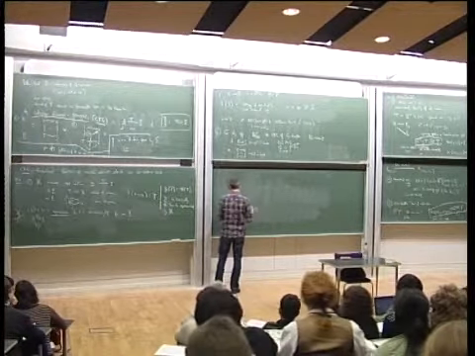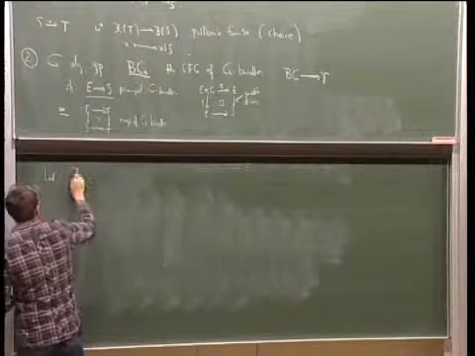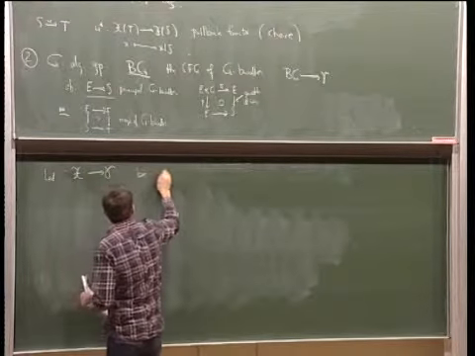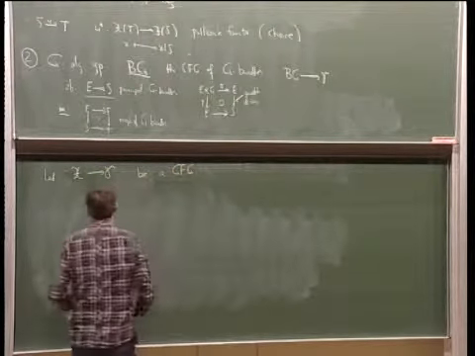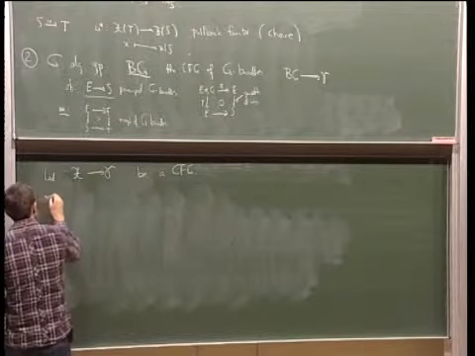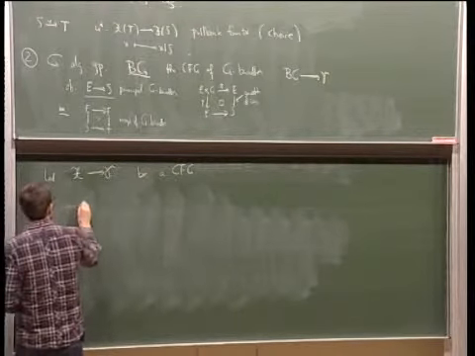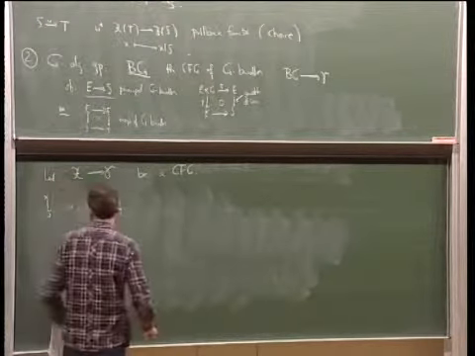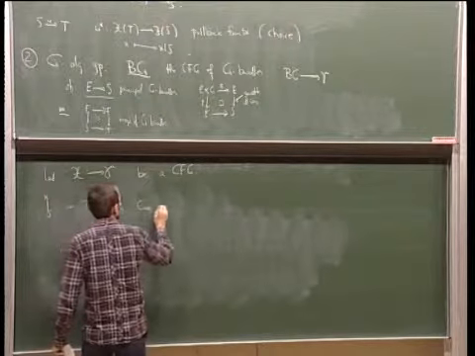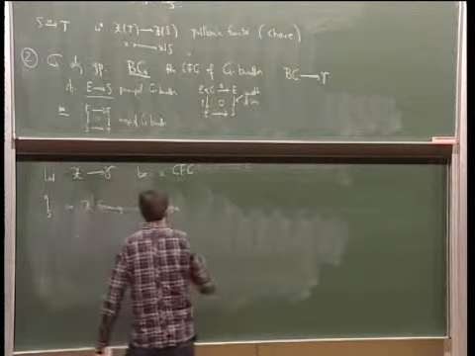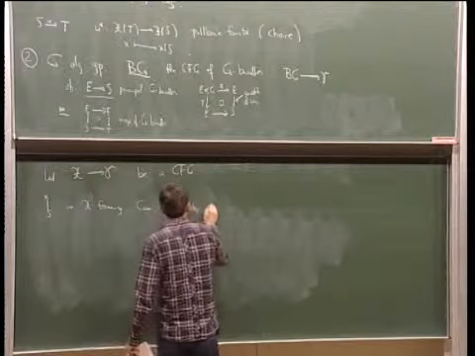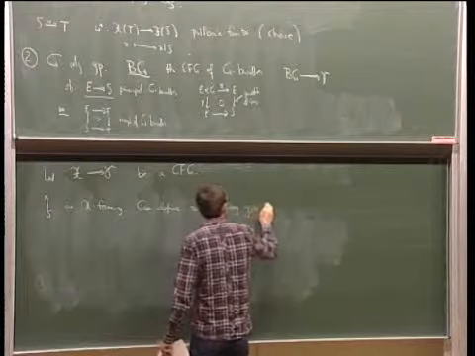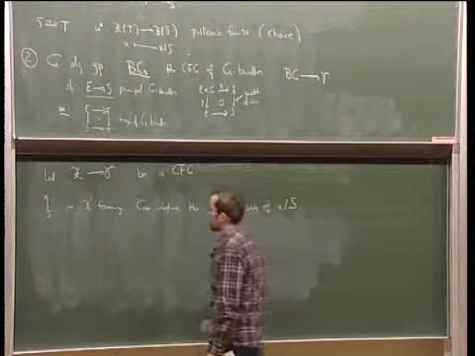So let X over S be a CFG, an X family, then we can define the symmetry groupoid of this family X over S.